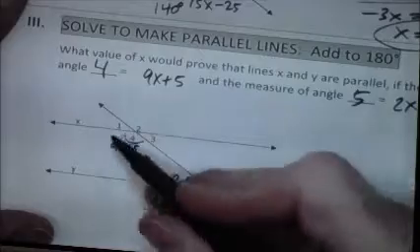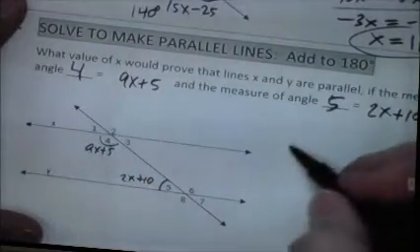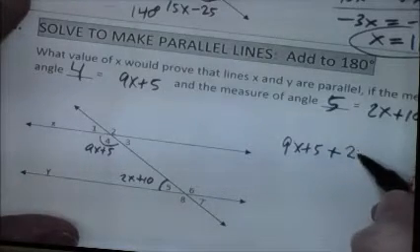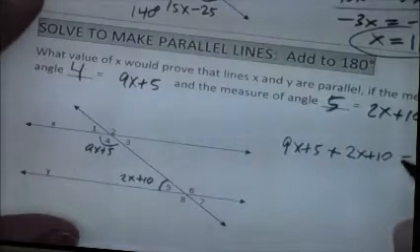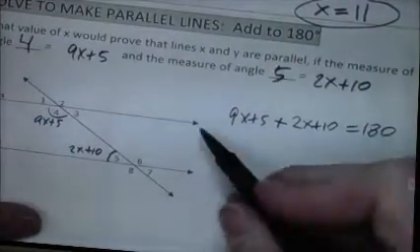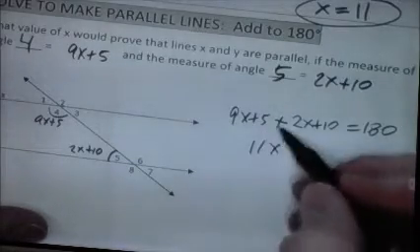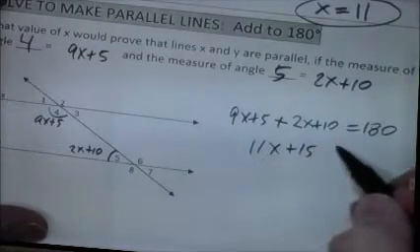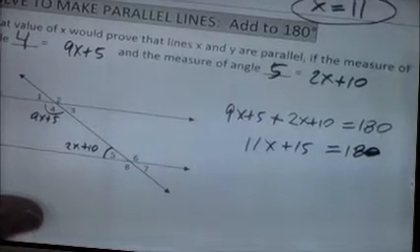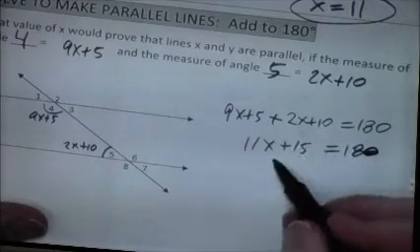In this case, for the consecutive interior angles, they add up to 180. So we're going to do 9x plus 5 plus 2x plus 10 equals 180. Then you work out the math. 9x plus 2x is 11x, 5 plus 10 is 15, so adding the common ones on one side.